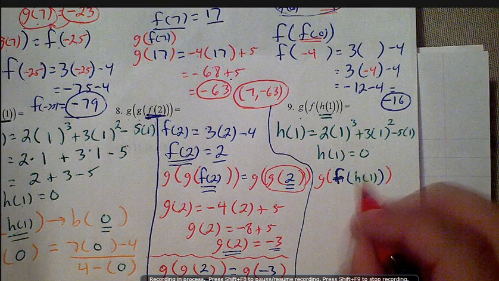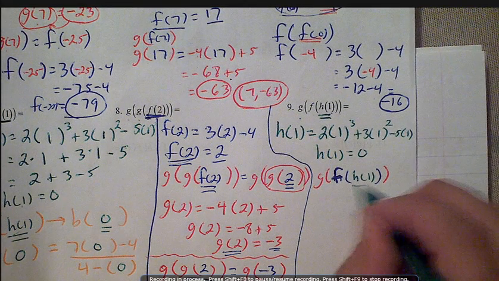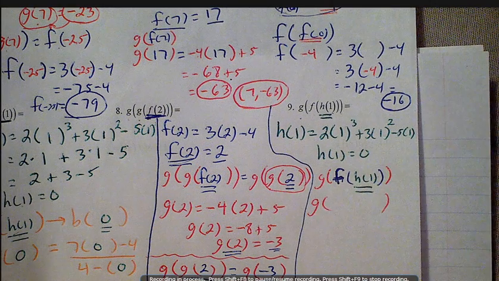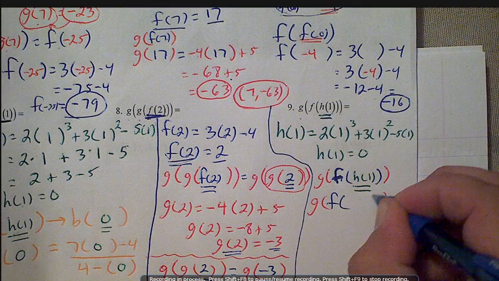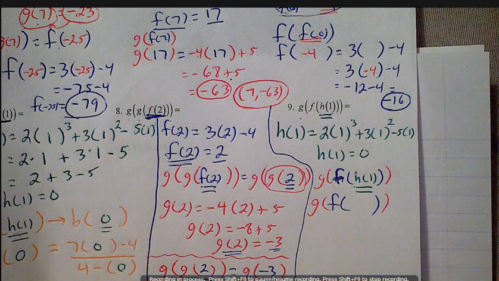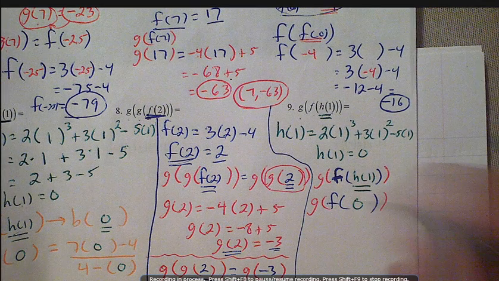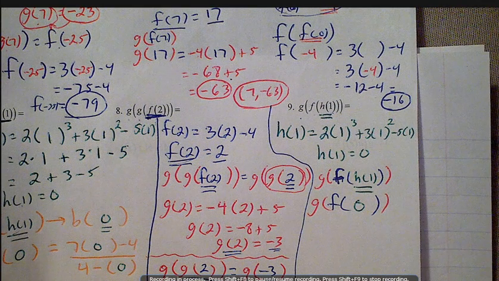So now you can look at it and you're going to see the next thing you're going to find is f of 0. So f of 0, 3 times 0 minus 4, f of 0 is negative 4.